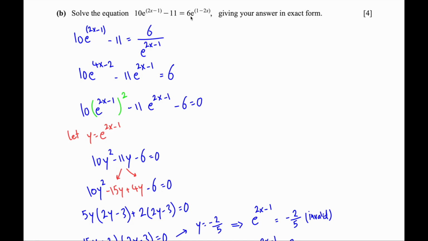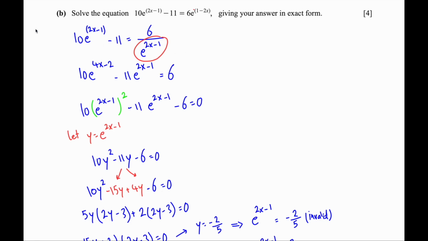They're basically the same, except you have to go through a little bit of change in order to make them the same. You can bring this down, make the power positive. However, you need to multiply that by a negative. So you get 2x minus 1. And then once you do that, these two are exactly the same.